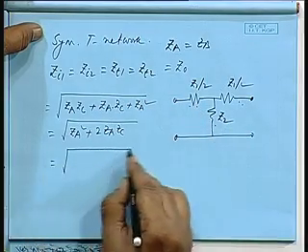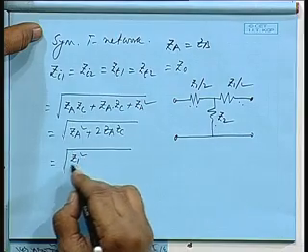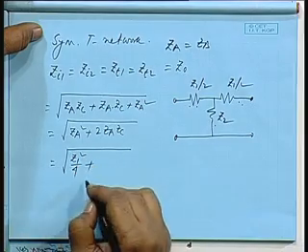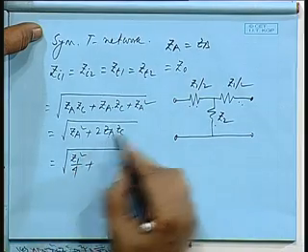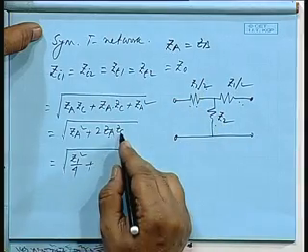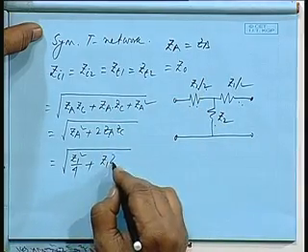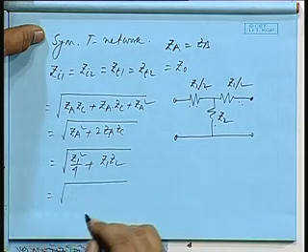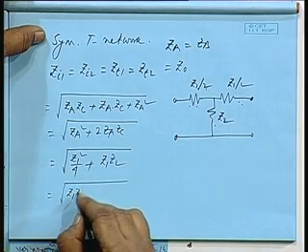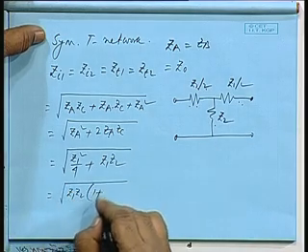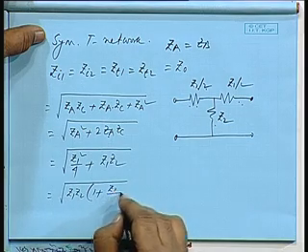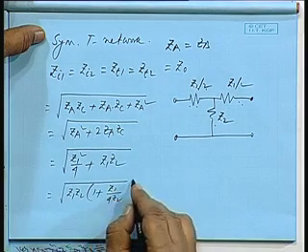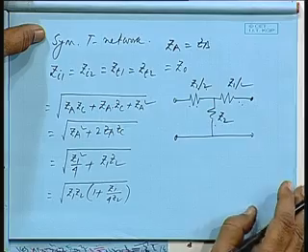So this will become Z1 squared by 4 plus 2 into Z1 by 2 into Z2. So this will be Z1 Z2. One may write this as root over of Z1 Z2 into (1 plus Z1 by 4 Z2). This we saw last time.